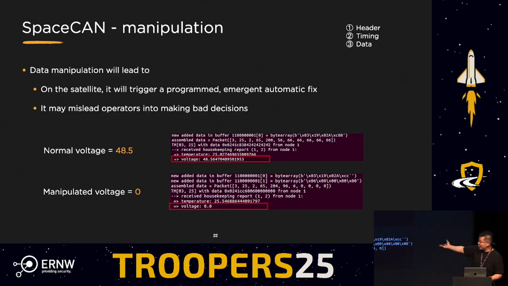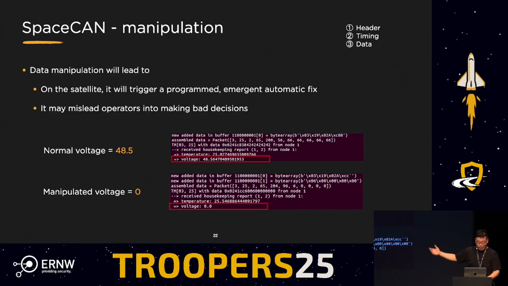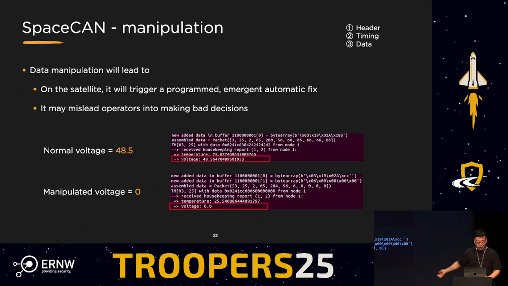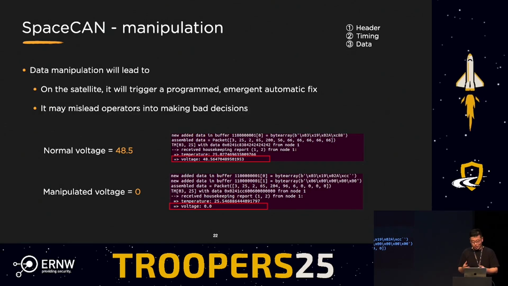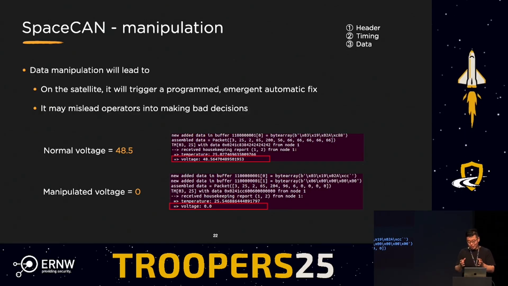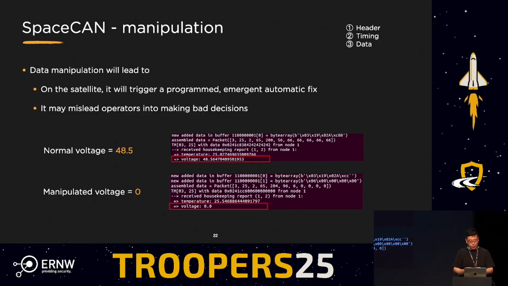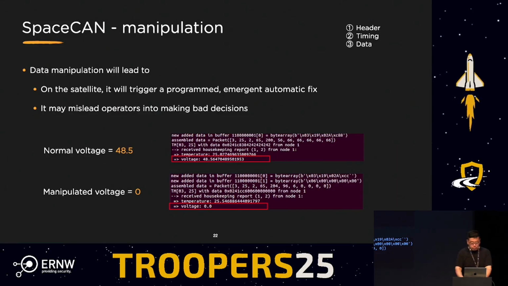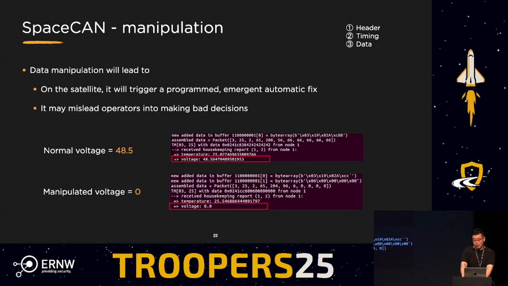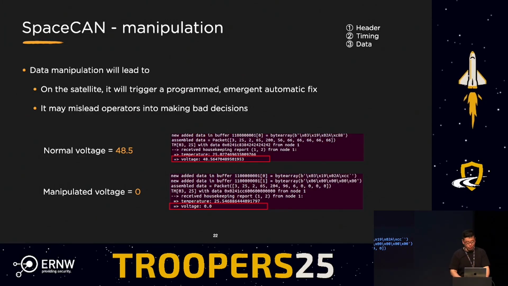In this case, I can just ruin the assembled packet and change the data from a normal voltage to a strange voltage, and they may think, oh, what happened, something bad happened, or something is wrong on my satellite, and I have to fix it, and they may make bad decisions to fix this kind of issue. And this is the first case of open satellite protocol communication spoofing.